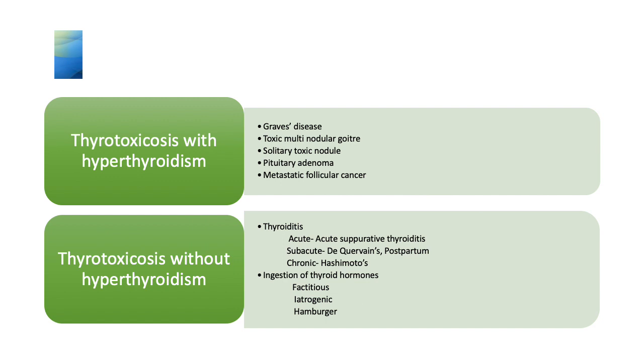So far, we have discussed thyrotoxicosis with hyperthyroidism. In that, the common causes are Graves' disease, toxic multinodular goitre, and solitary toxic nodule. The next condition we will touch on is thyrotoxicosis without hyperthyroidism. The causes for this are thyroiditis and ingestion of thyroid hormones.